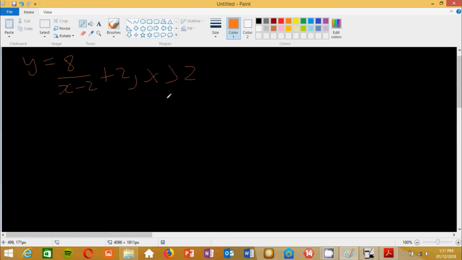You can plug in the biggest number you can plug into this function. Because x is greater than 2, x is just going to keep on increasing. You can plug in 20, 2,000, 20,000, 200,000, 2 million, 20 million, 200 million, 2 billion, and so on and so forth. You can plug in any value that you want to plug in.